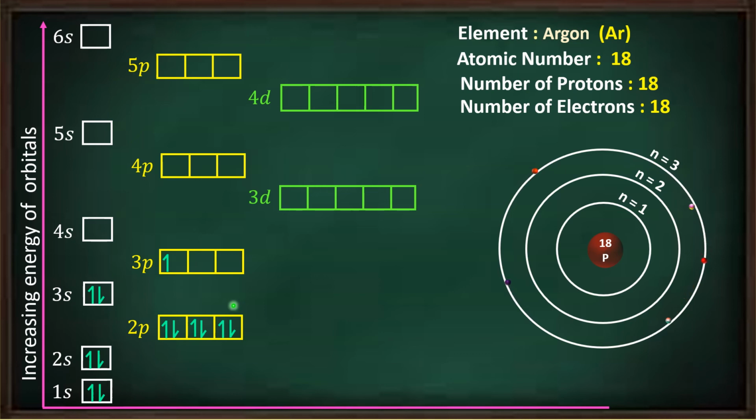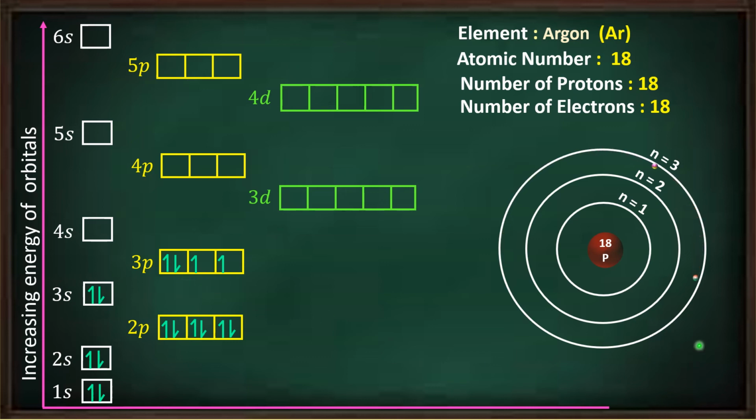Next, 14th electron occupies the other empty orbital of 3p, isn't it? Next, 15th electron, say this one, occupies the third empty orbital of 3p, isn't it? Next, 16th electron pairs up with this electron, isn't it?